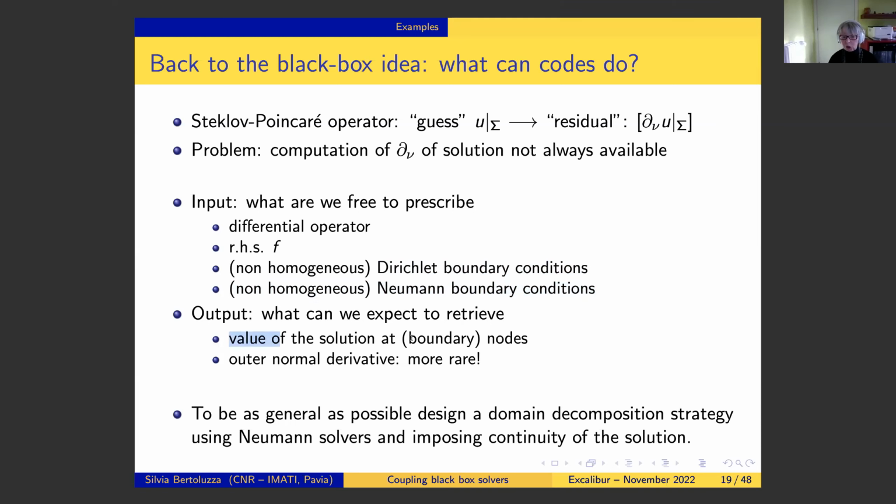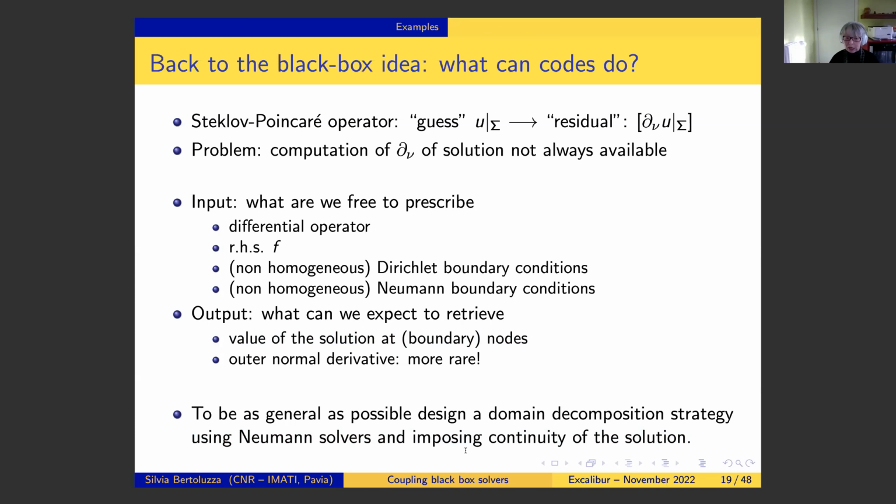It's quite reasonable to assume that in output you can get the values of the solution at the boundary. The outer normal derivative is more rare, so it makes sense to write down our Steklov-Poincaré iterator to be as general as possible in the choice of the black box solvers, in such a way that it uses Neumann solvers and imposes the continuity of the solution.